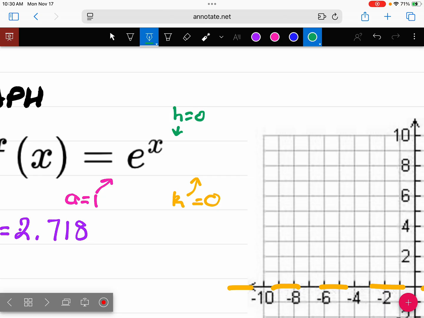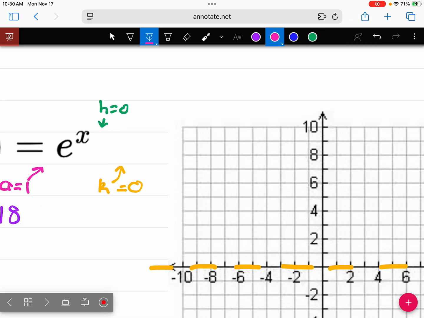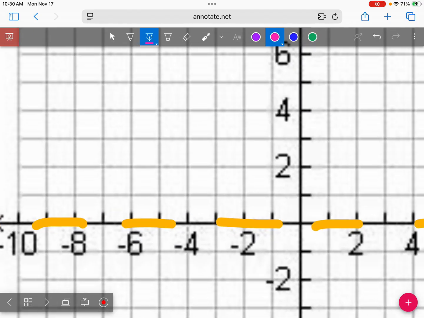If you want to graph with the shortcut, here's the benefit. I know that where my H is 0, right here, I'm going to use A. My A is 1, so I'm going to go up 1. So my first point is right there at (0, 1). I'm going to use A to find this first point, up A from my asymptote.